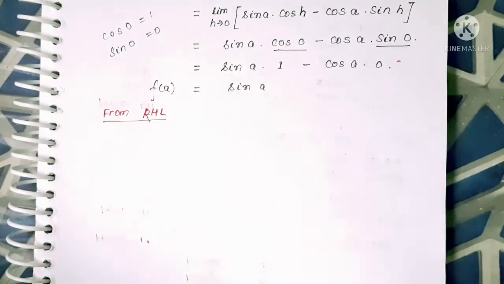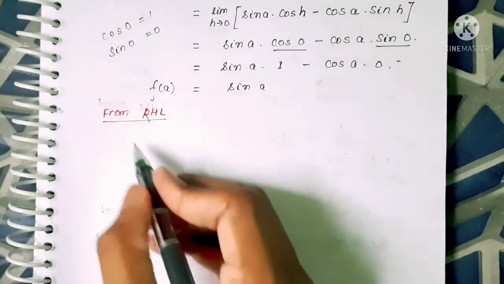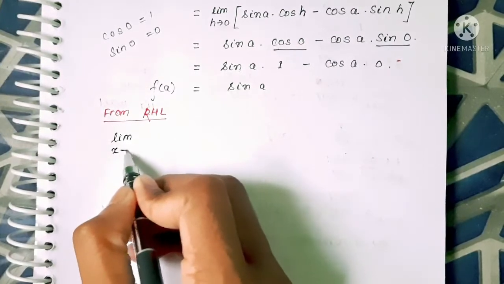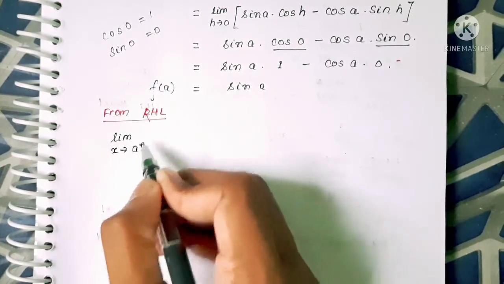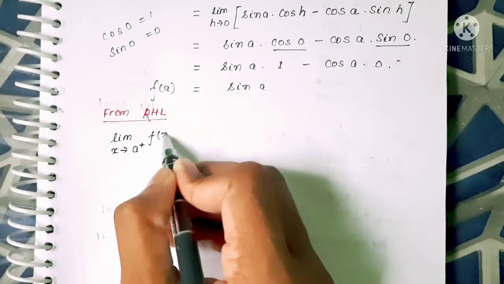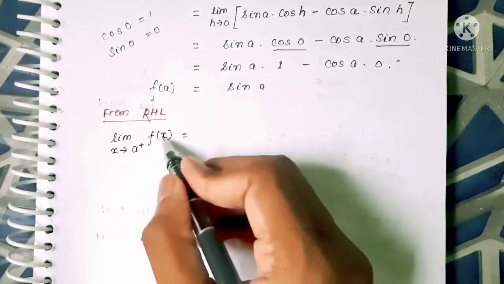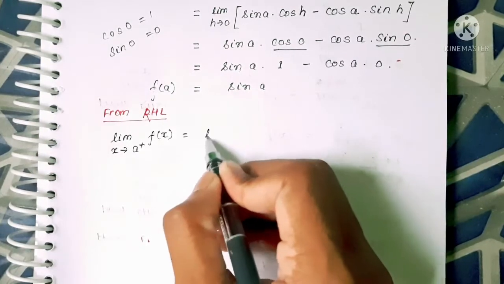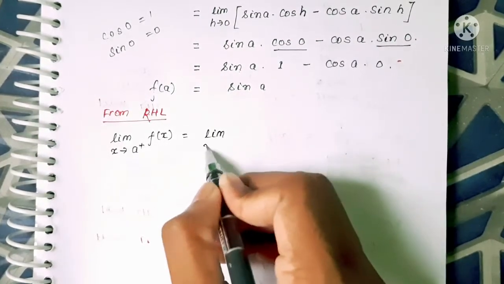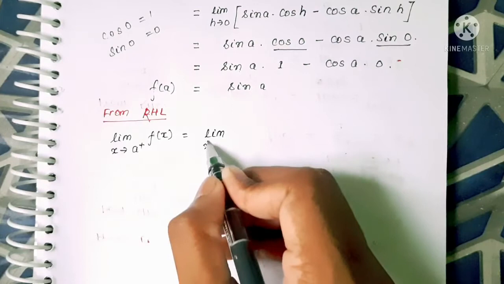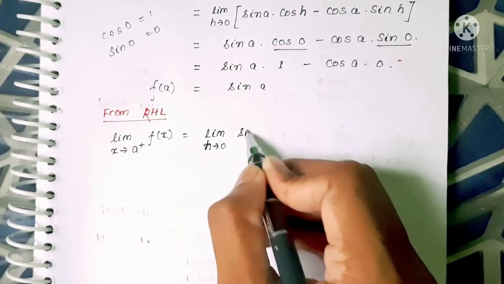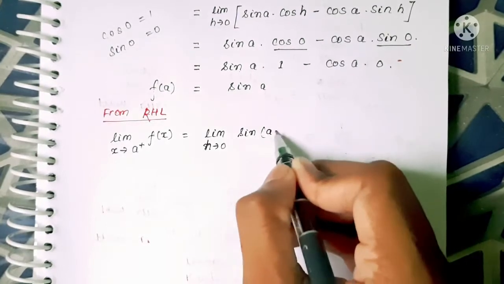From the right hand limit we will start. Here also we will do the same. Limit x tends to a positive, where the function is f(x), and we will write in place of f(x) the function sin x. Then here it will become limit h tends to 0, and sin, in place of x we will put a plus h.